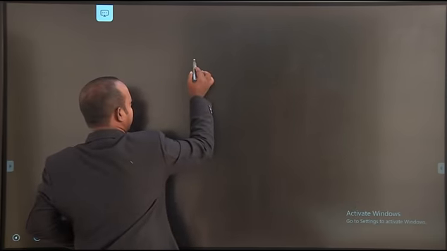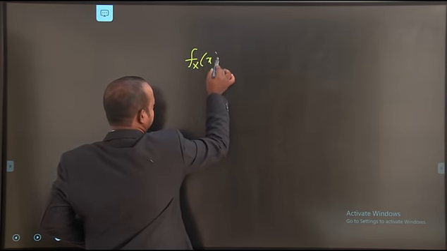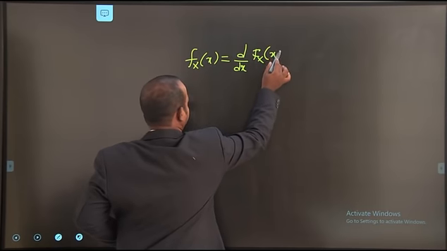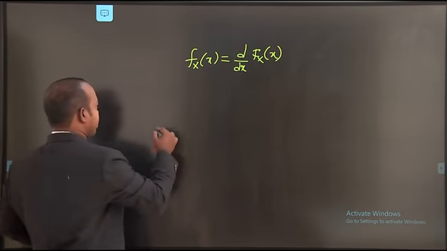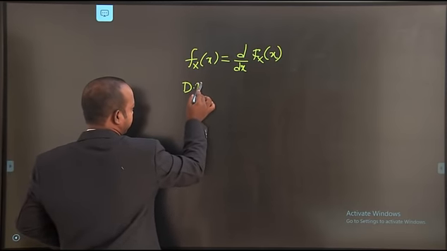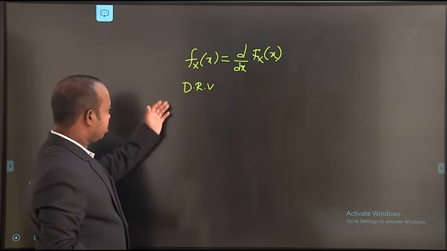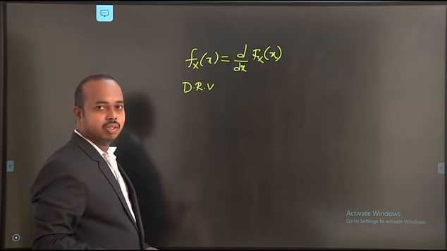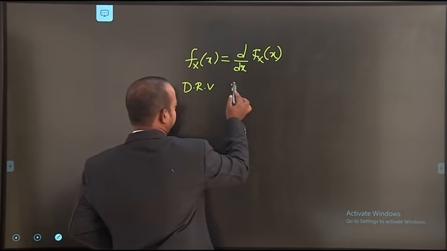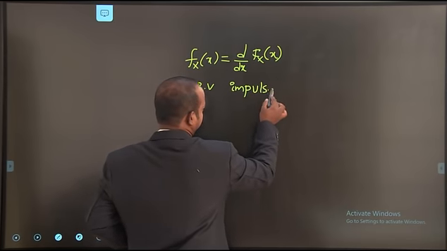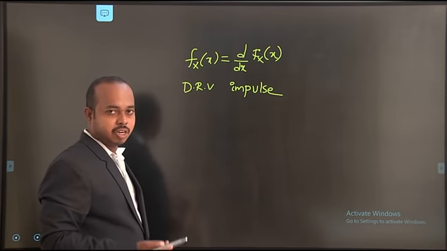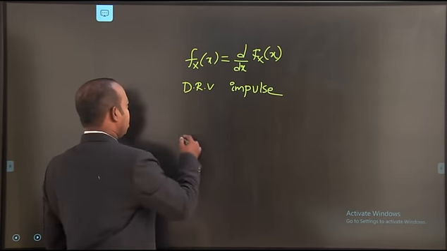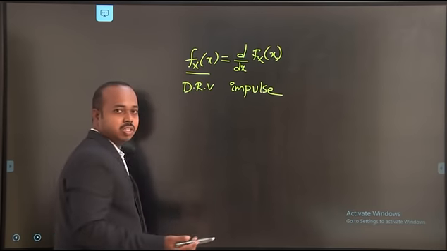For a discrete random variable, the density function is an impulse. The graphical representation of the density function is an impulse signal.